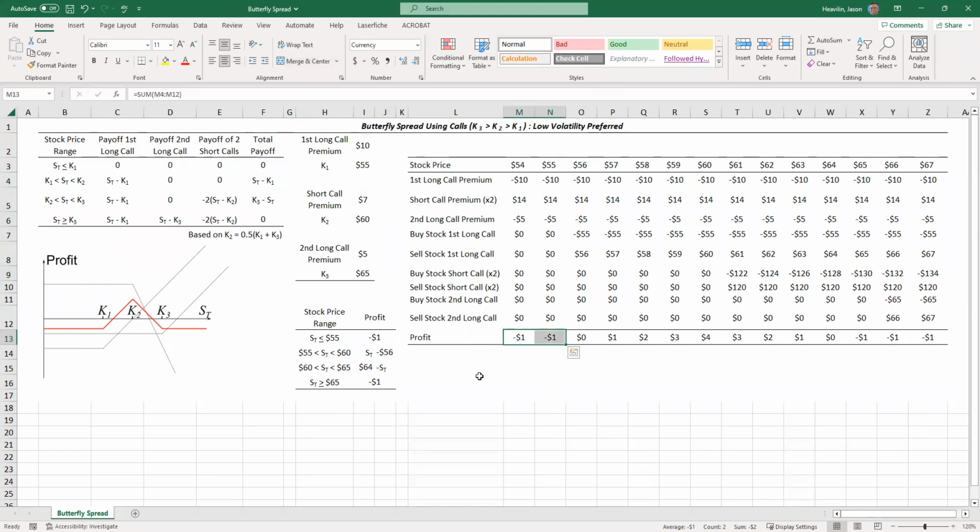So what do we do here? When your stock price is between 55 and 60, but not equal to 55, you can take the stock price minus 56. So how do we get that? So this is the scenario we're talking about. We do know we have this payoff, but we have to adjust for it with the premiums.